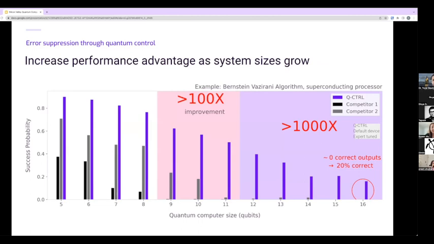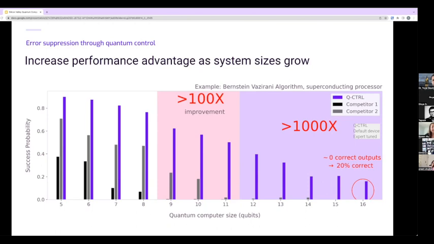As I was mentioning, it's necessary for practical quantum advantage to get into larger system sizes, to get into higher quantum volume. And in order to do so, we need to implement certain error suppression techniques in order to actually get a meaningful output.